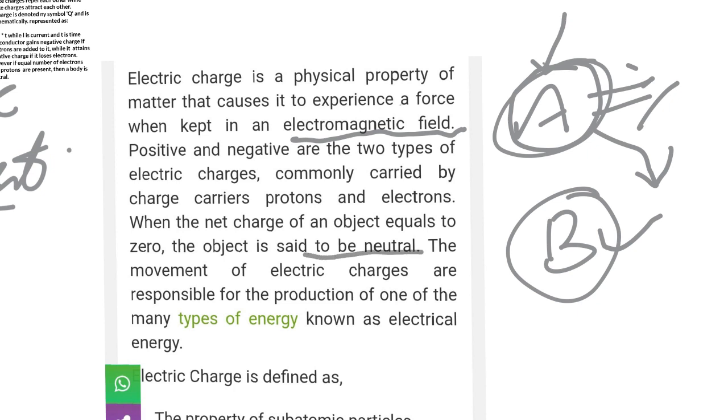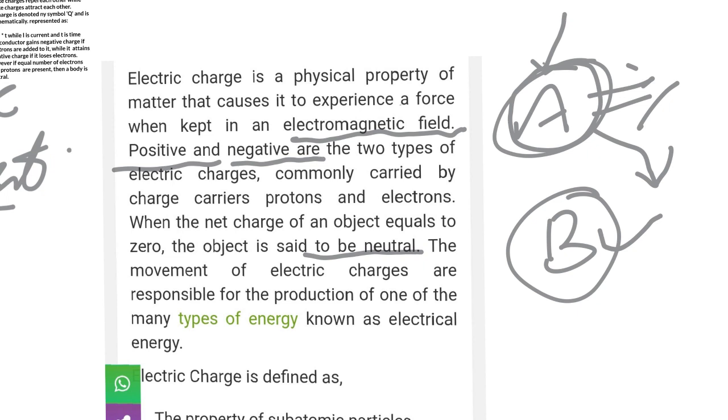Now this charge is of two types. A body can have the positive charge or a body can have the negative charge. So we can say if a body is a charged body, then we have to see whether it is a positively charged body or a negatively charged body.